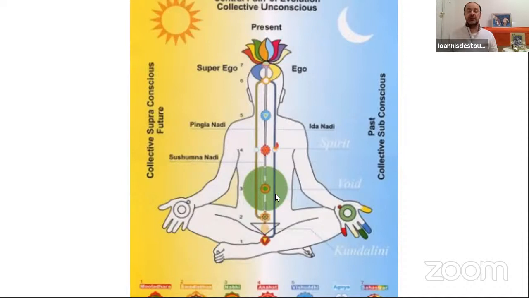These are symptoms of the overactive left channel. On the other hand, if the right channel gets overactivated, we start to live all the way in the future. We're always planning, thinking, trying to look into the future.